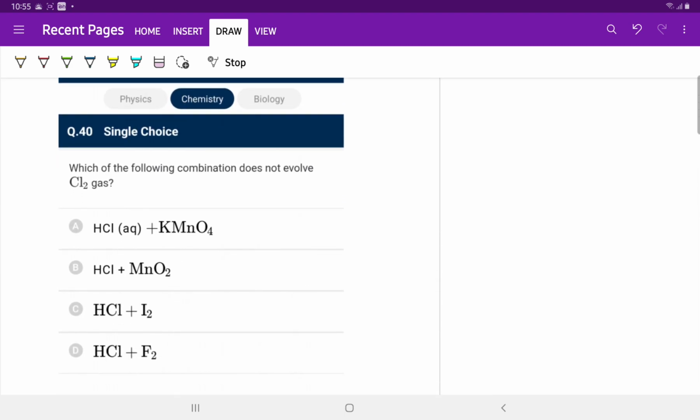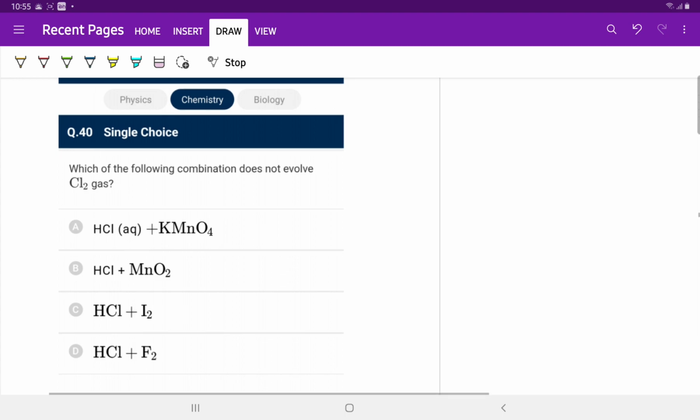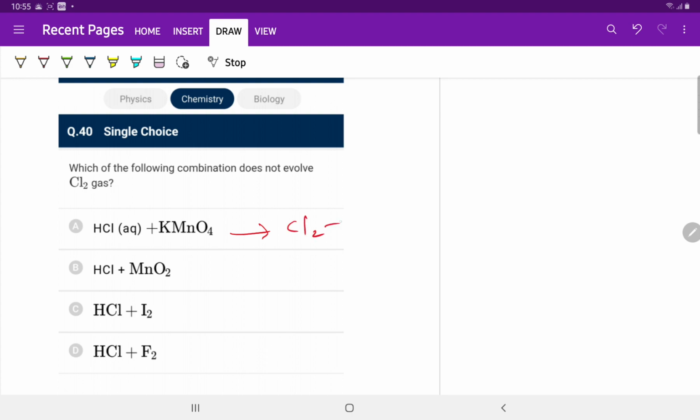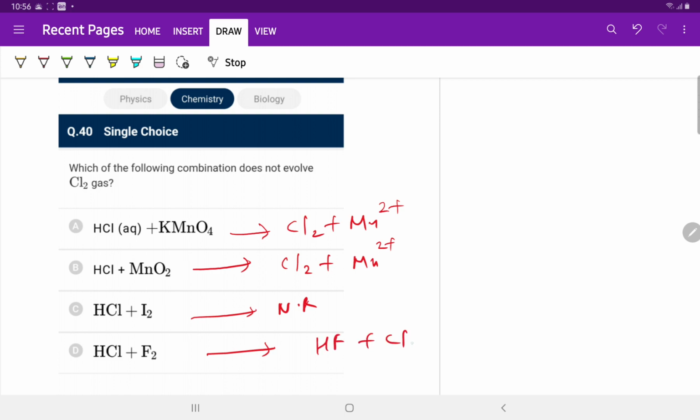Question number 40. Which of the following combinations does not evolve Cl2 gas? HCl and KMnO4 evolve Cl2 gas and Mn2+ will be formed in acidic medium. MnO2 and HCl also form Cl2 gas and Mn2+ is formed. HCl plus I2, there is no reaction, and HCl and F2 form HF plus Cl2.